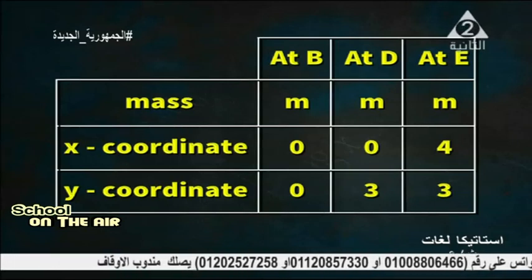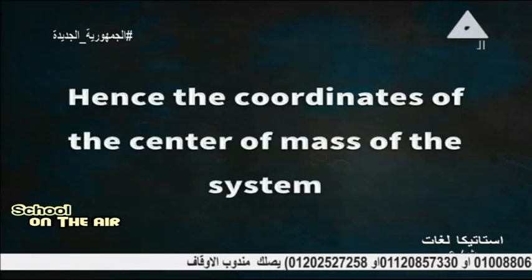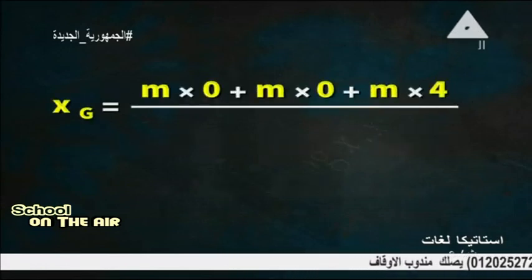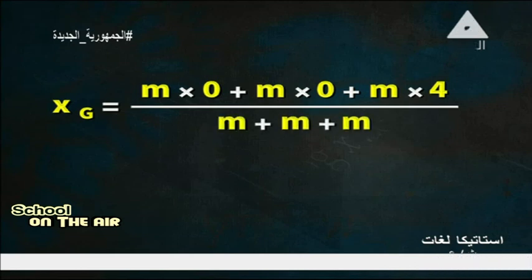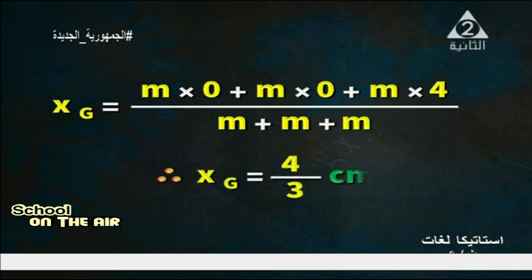By using the rule, XG equals what? M1 x1 plus M2 x2 plus M3 x3 over the summation of the 3 masses. Therefore, XG equals 4 over 3 centimeter.